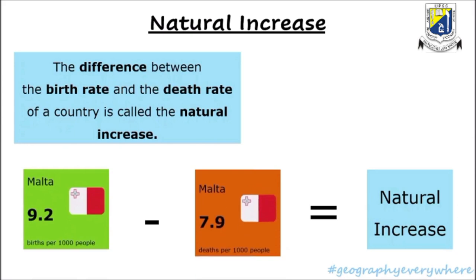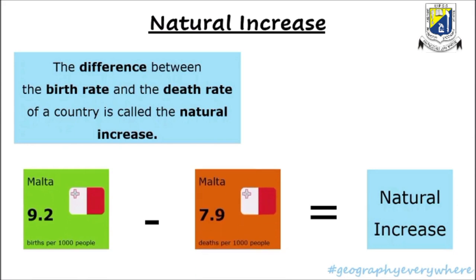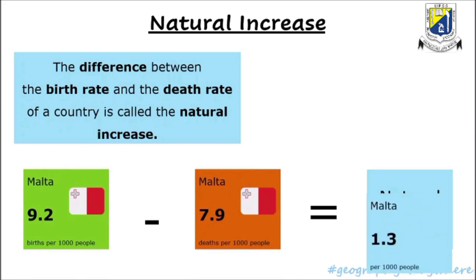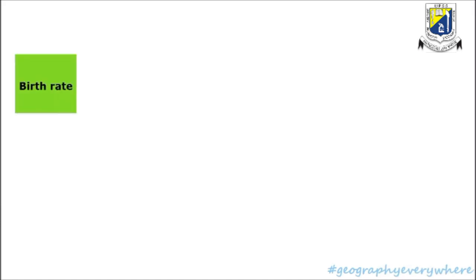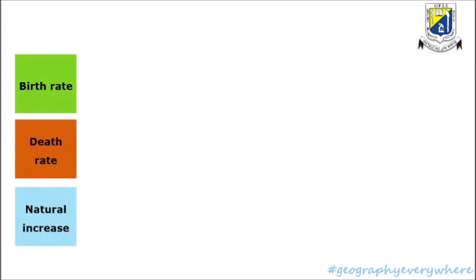Using the case of Malta, for example, if the birth rate is 9.2 and the death rate within the period is 7.9, the natural increase will be 1.3.